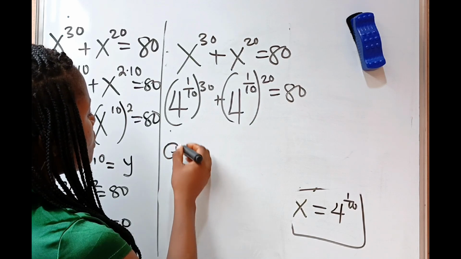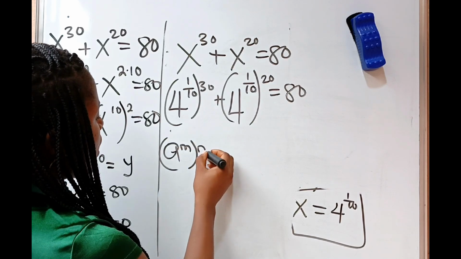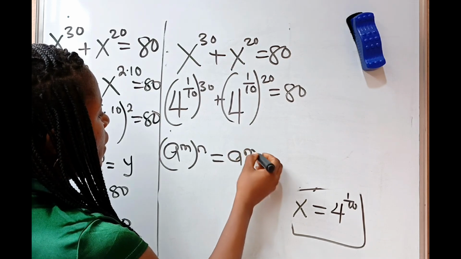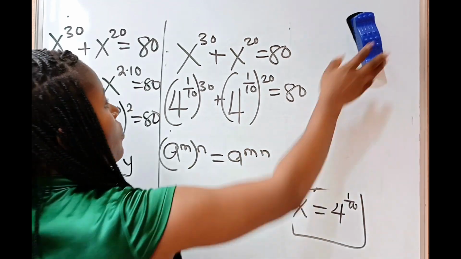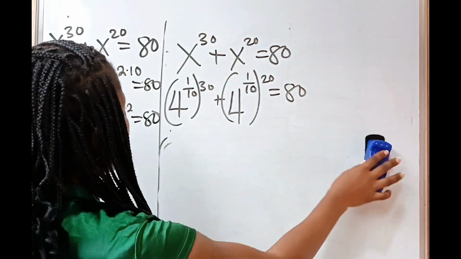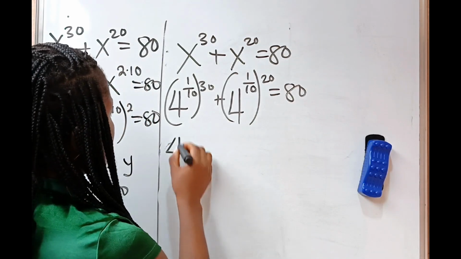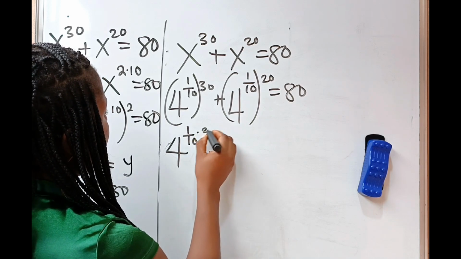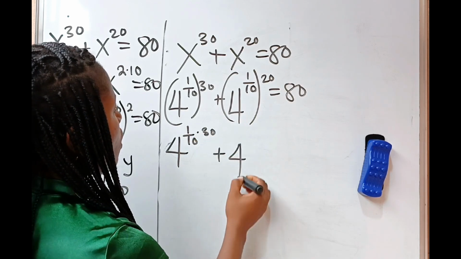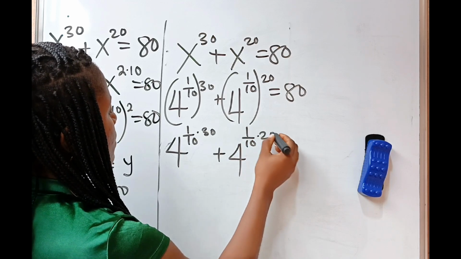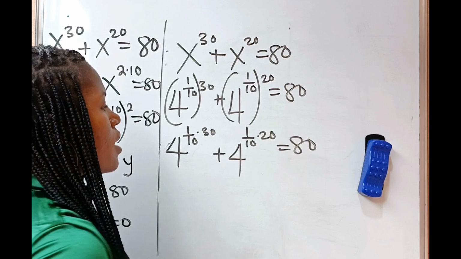When you have a to the power of m raised to the power of n, it is equal to a to the power of m times n. That means we can write this as 4 to the power of 1 over 10 multiplied by 30 plus 4 to the power of 1 over 10 multiplied by 20 is equal to 80.